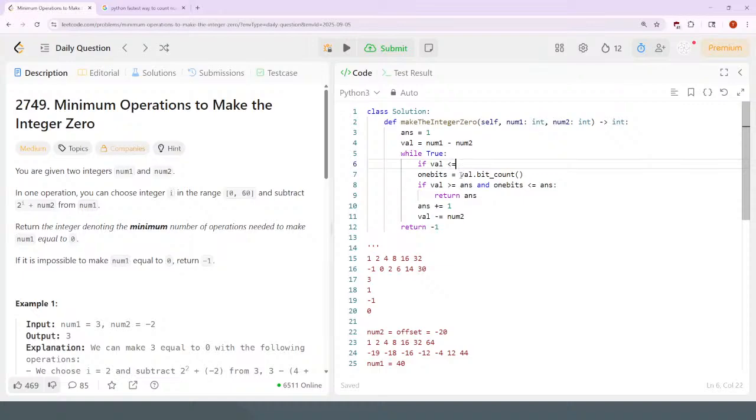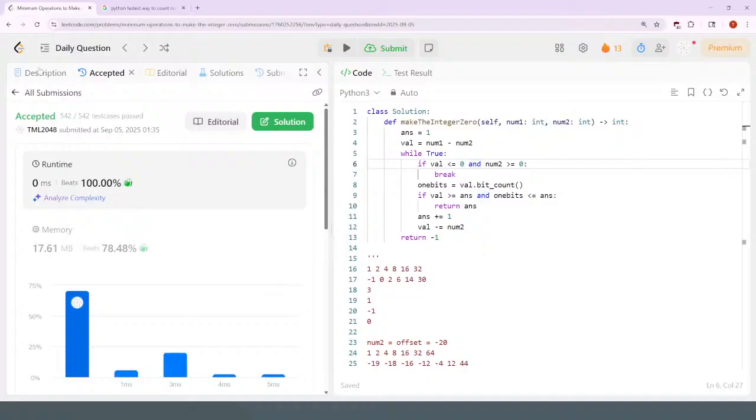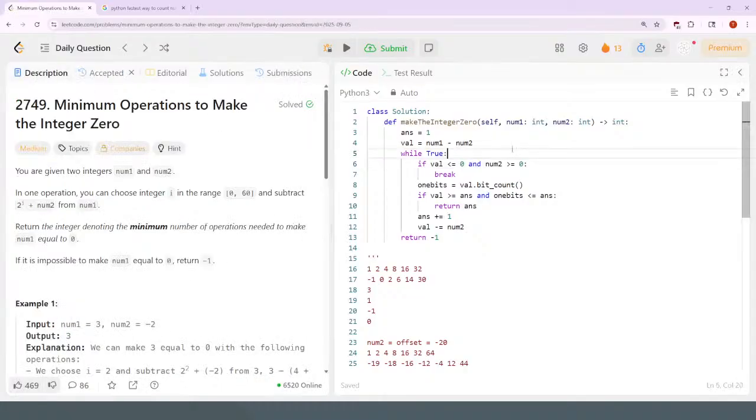If the value is negative here, less than or equal to 0, and num2 is greater than or equal to 0. The value is less than or equal to 0, and num2 is greater than or equal to 0. So it's a decreasing summation.